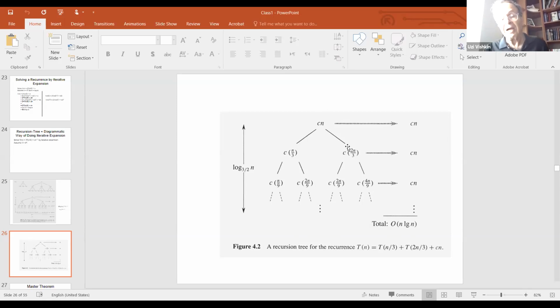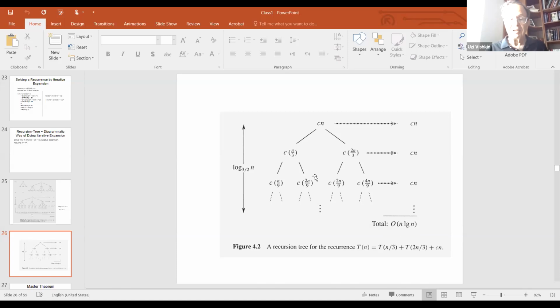But I don't care if some of the others reach the leaf level earlier, because even if I penalize myself and say every level will contribute c of n, we are still going to have no more than big O of log n levels. And for that reason, the solution will be order of n log n.